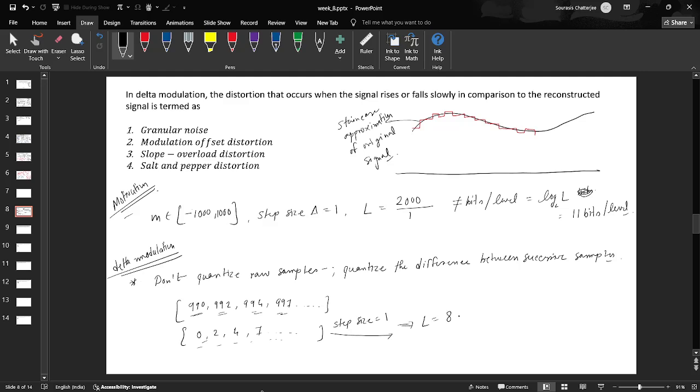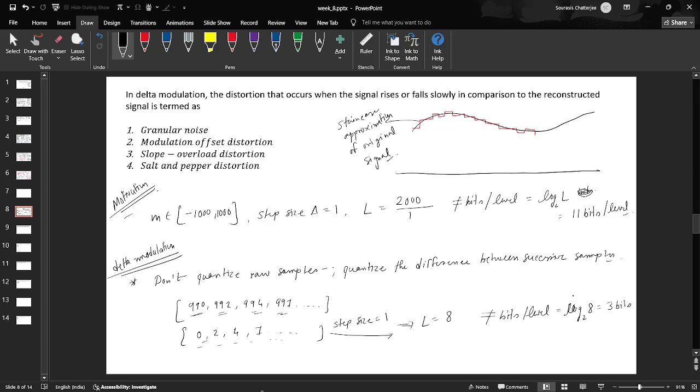So now you need only 8 levels. If your quantizer has 8 quantization levels, how many bits are you going to require now? It's only log base 2 of 8, that is 3 bits.